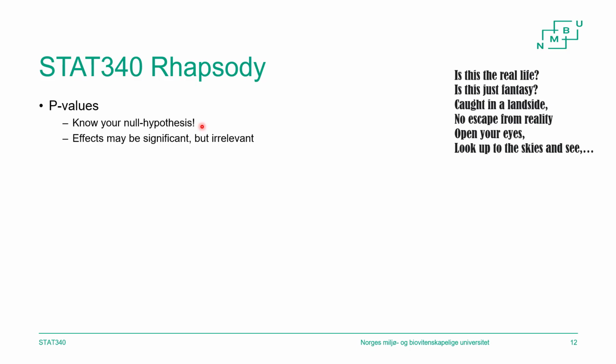I see some scientific publications where many p-values are listed, and I have a feeling that the author doesn't really know what he's testing. What does it mean, right? If you have a very small p-value, you reject some null hypothesis. But if you don't know what you're rejecting, then what's the point? You should at least know that. You should know more, but this is the minimum, I would say.